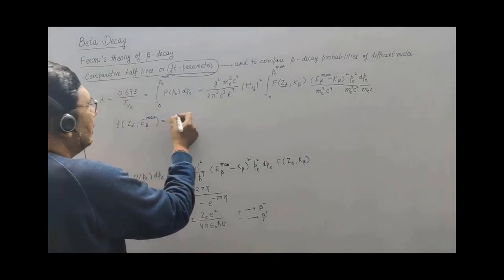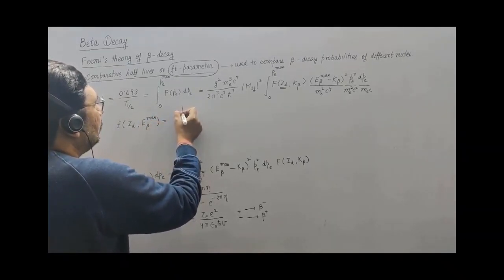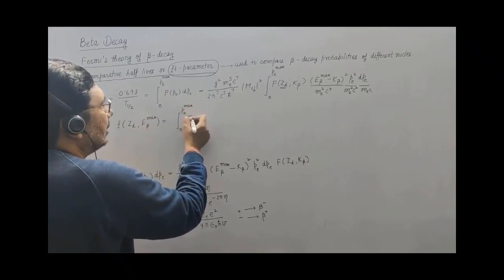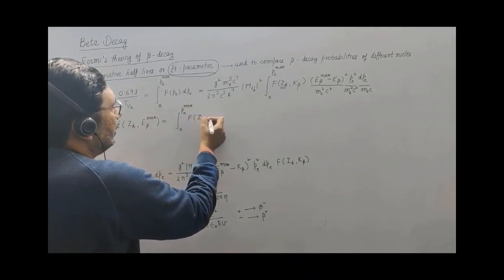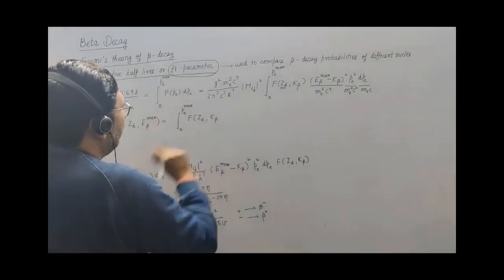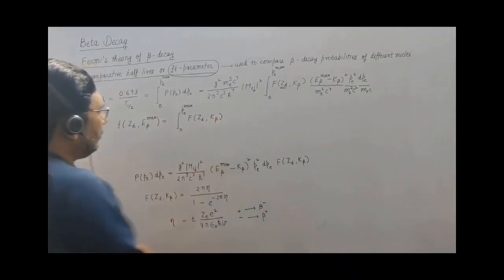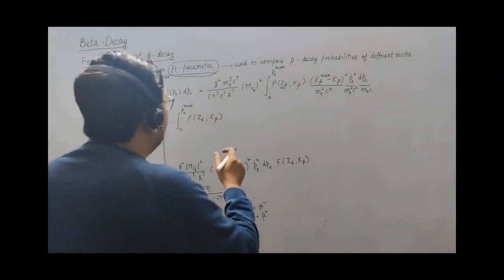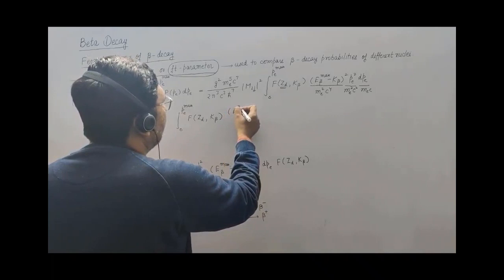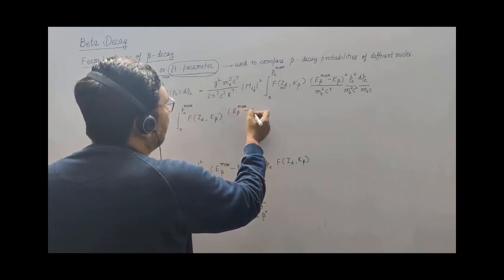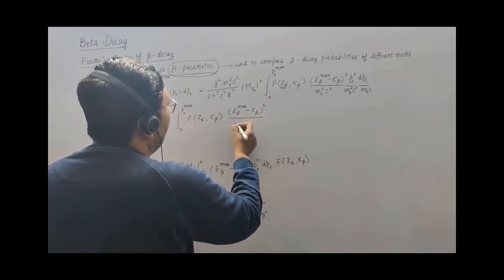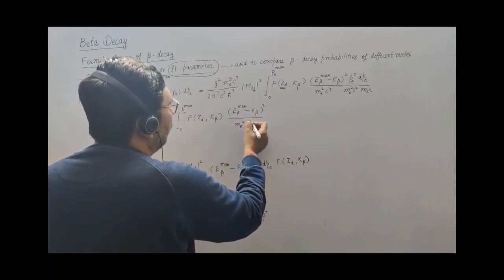And its value will be the integration 0 to PE max of F ZD K beta, and here E beta maximum minus K beta, square, divided by ME square C to the power 4.